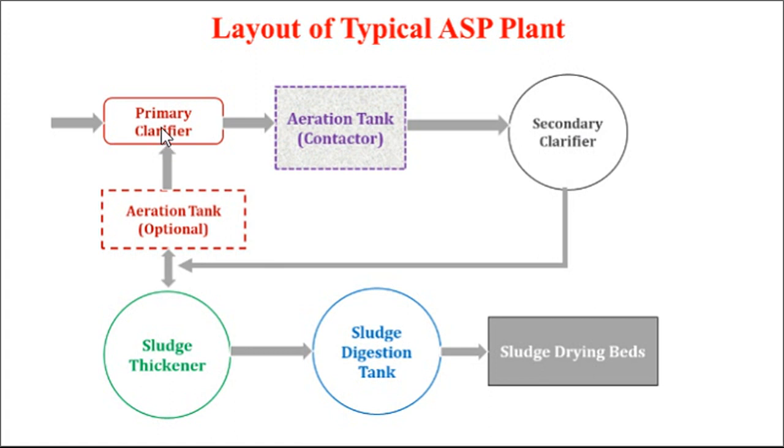It may be applied to the primary sedimentation tank or after the primary sedimentation tank to maintain the proper MLSS concentration in the aeration tank. Whatever excess sludge is there is sent to the sludge thickeners, then it is digested properly and then applied to sludge drying beds. So this is the typical layout of ASP.